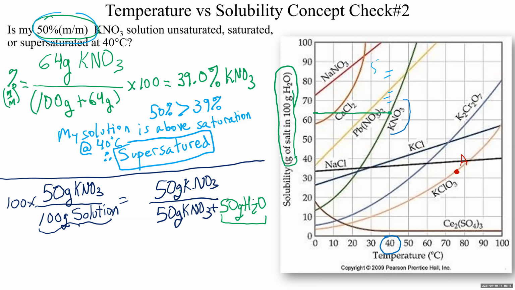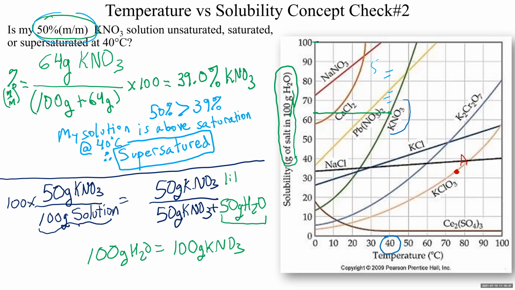If 50 grams of KNO3 equals 50 grams of water, then 100 grams of water should give us what? 100 grams. Since it's a one-to-one ratio of solute to solvent, 100 grams of water would give us 100 grams of potassium nitrate.